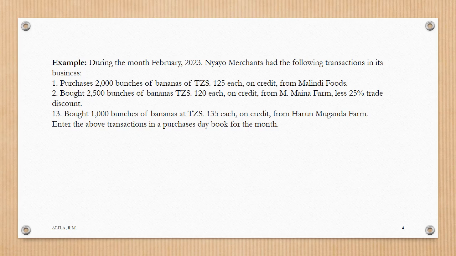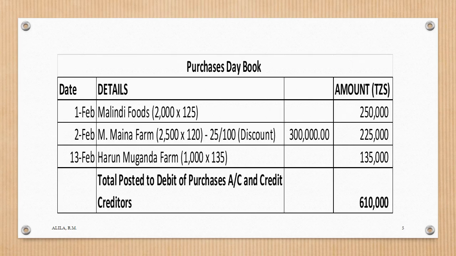Bought 2,500 bunches of banana at 120 each on credit from Maina Farm, less 25% trade discount. 3. On 13th, bought 1,000 bunches of banana, 135 each, on credit from Harun Muganda Farm. Enter the above transactions in the Purchases Daybook for the month.